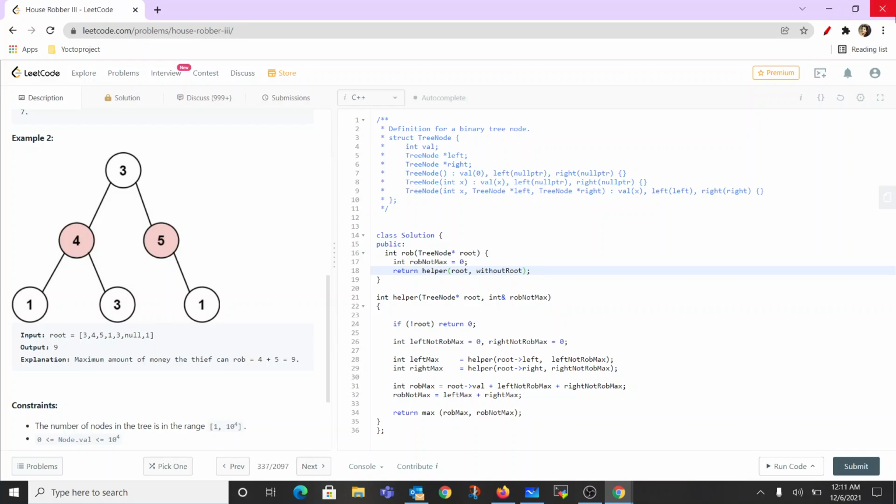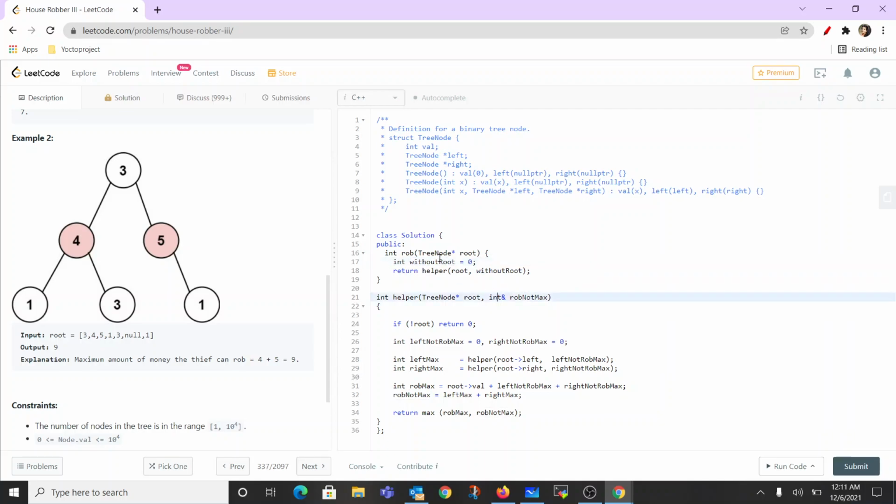So basically, this was the main function where the root node was being given to us. So for simplicity, we are having this without root.